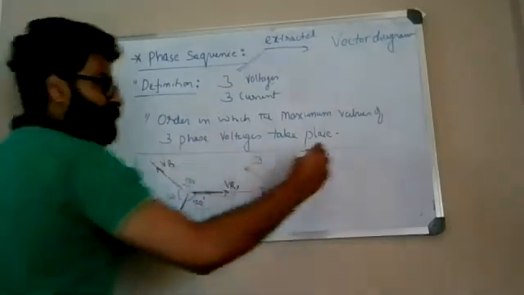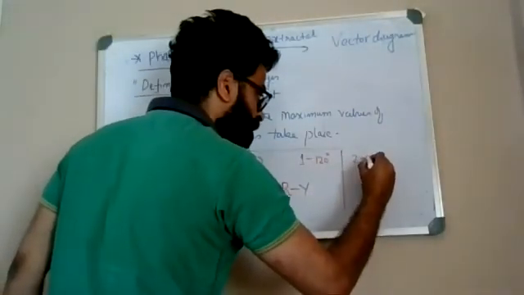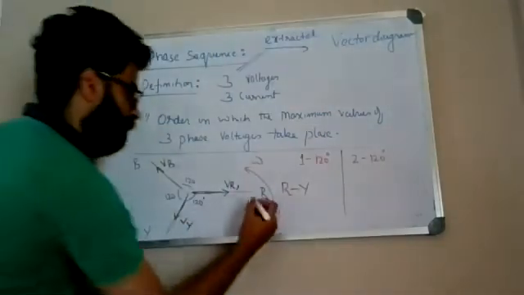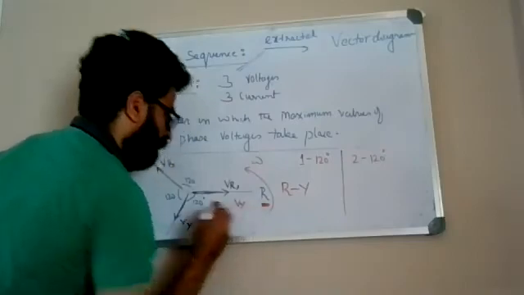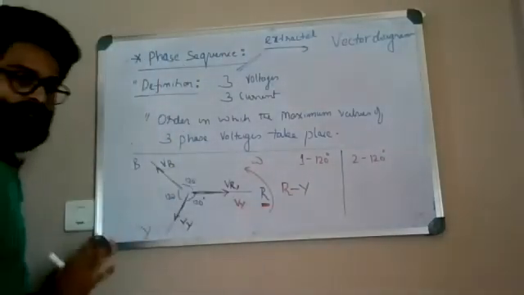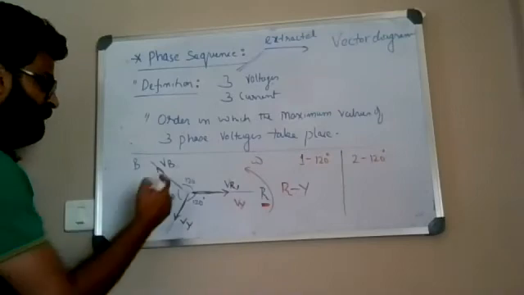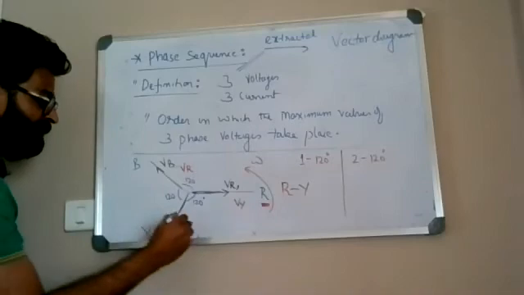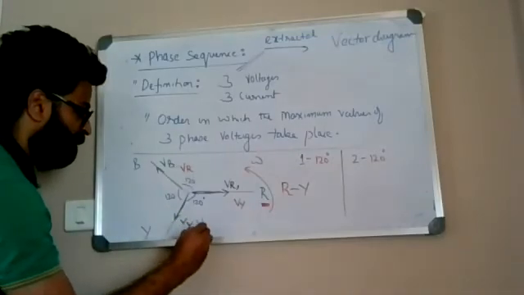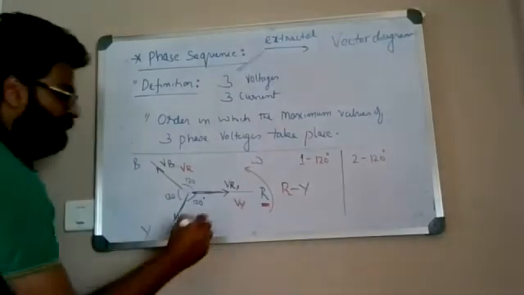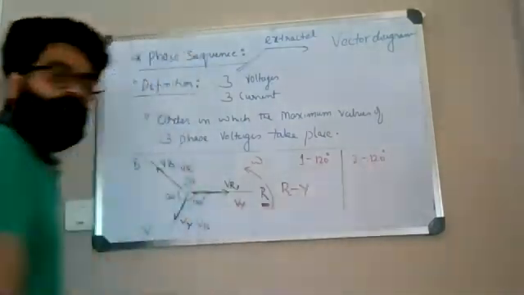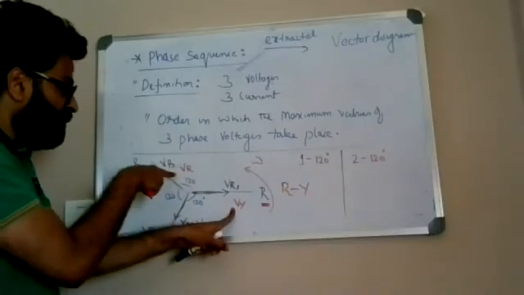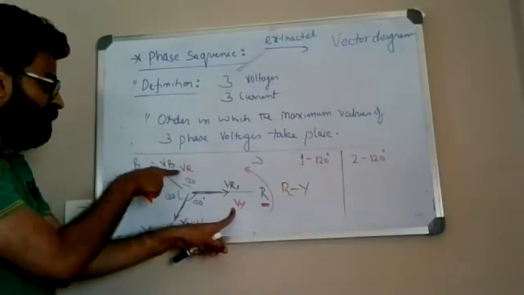And once again, you give second rotation, 120 degree. Okay. So now, Vy has come in place of Vr. Okay, and Vb will have now Vr value, and similarly Vy will have now Vb value. Right. When you give the second 120-degree rotation, what will happen is this Vy gets pushed and is going to sit in place of Vr.